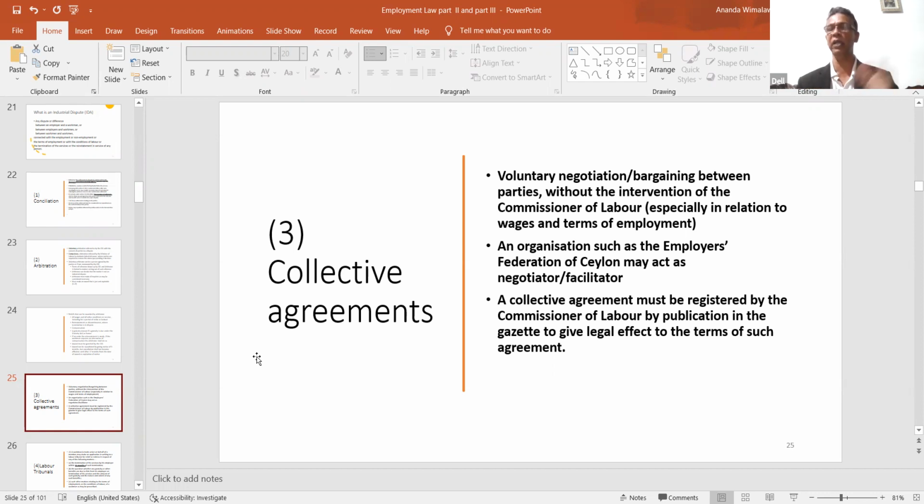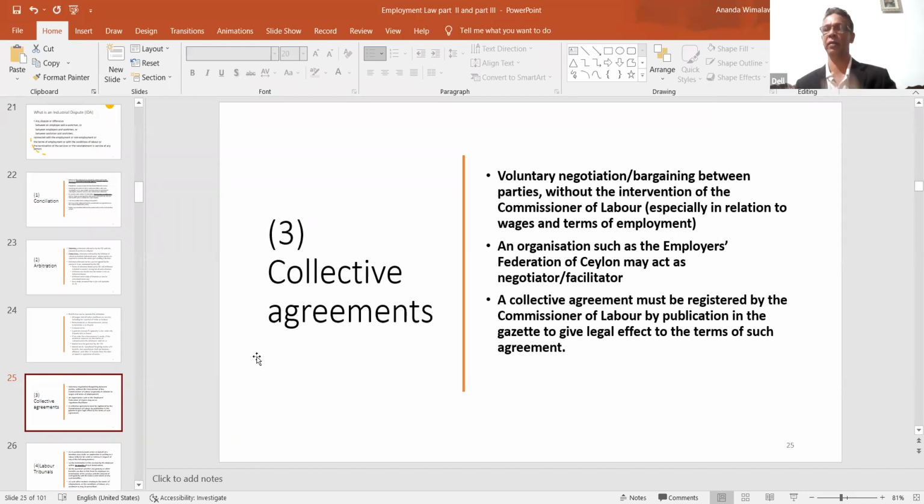Then it was amended in 2021 as well. I don't remember the exact number, but 2021, amended one. 12,500 is the minimum basic salary. On top of that, we have wages boards established under the wages boards ordinance to determine terms and conditions, including wages and salaries.